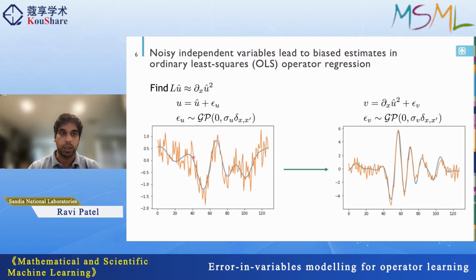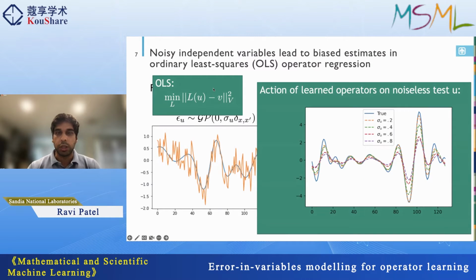We want to recover the mapping between this blue function here on the left to this blue function here on the right, where the mapping is the Burgers operator. But we'll corrupt both of these functions with noise shown in orange, and we'll try to infer the Burgers operator only having access to these orange functions.